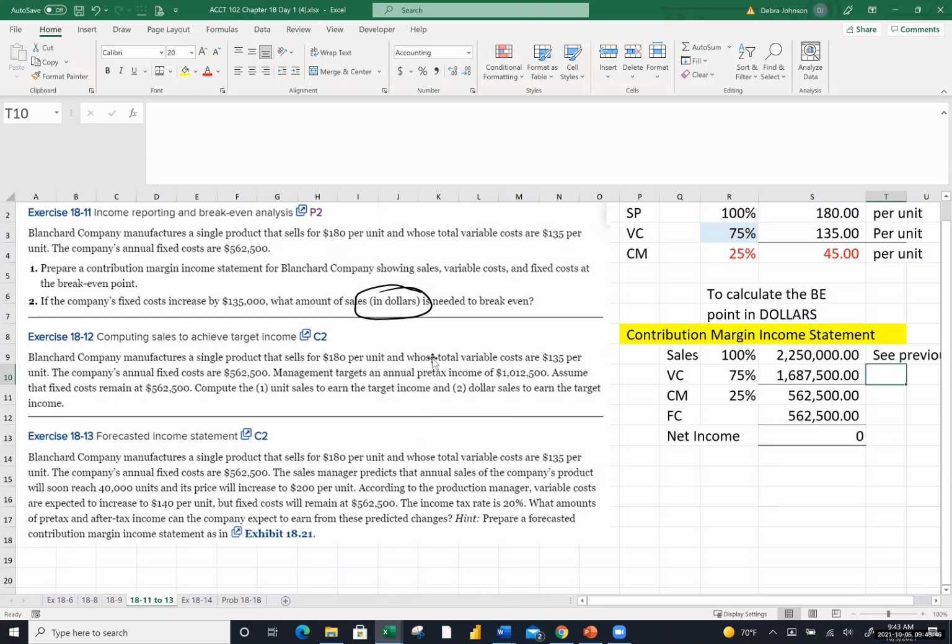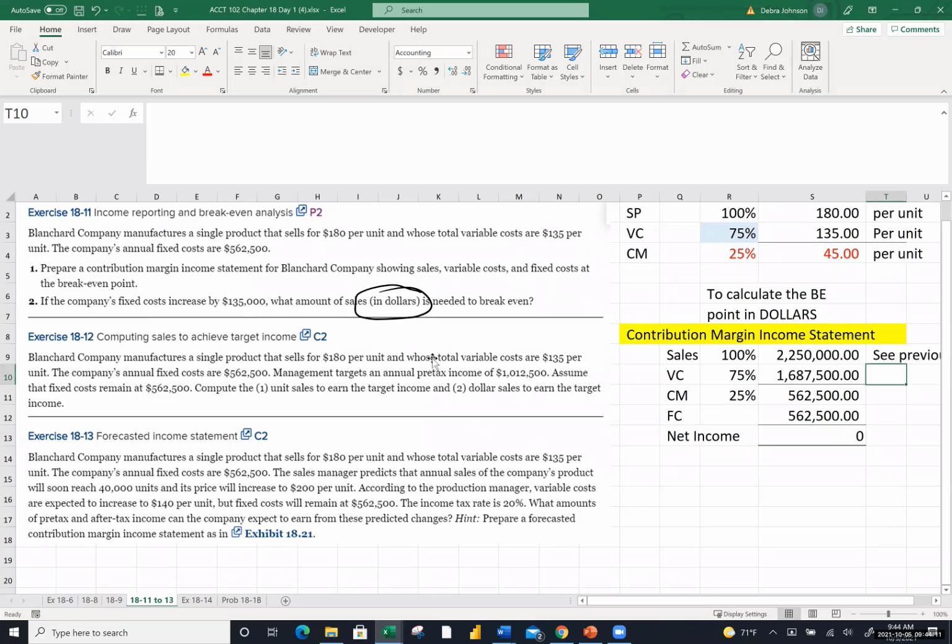We need to start critically thinking with our brains on what's going to happen to the break-even point. What do you think? If our costs go up, what's going to happen to our break-even point? Well, it has to go up. Why? Because if our costs go up, we need to sell more units to make up for that added costs.